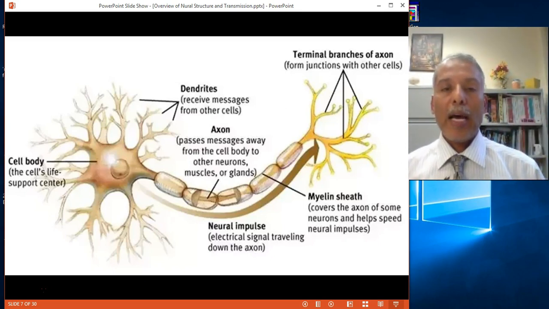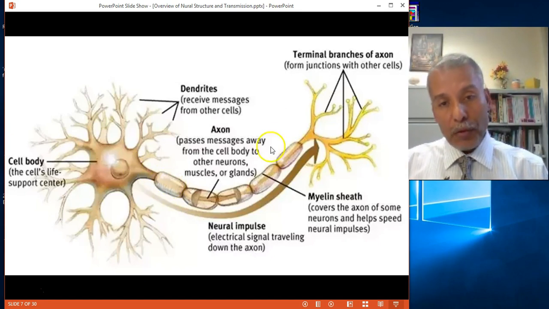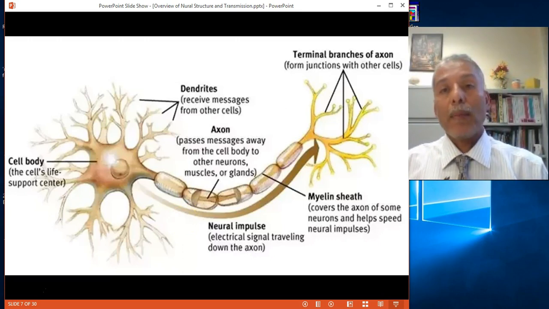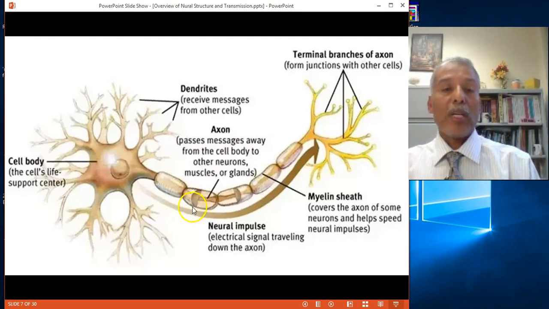So they have this kind of myelin that is made out of Schwann cells. I'll explain the difference again, but what you see in front of you, the model that we are using here, is basically the motor neuron model, and it is similar to many other neurons, but this is the typical one that we use as a model.